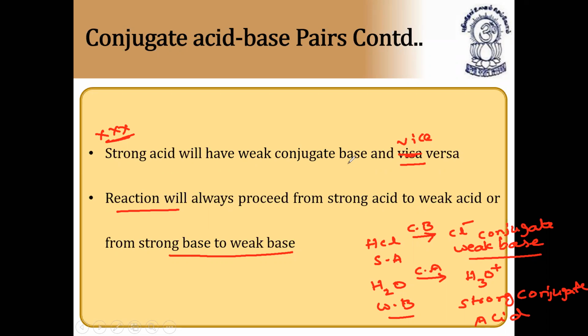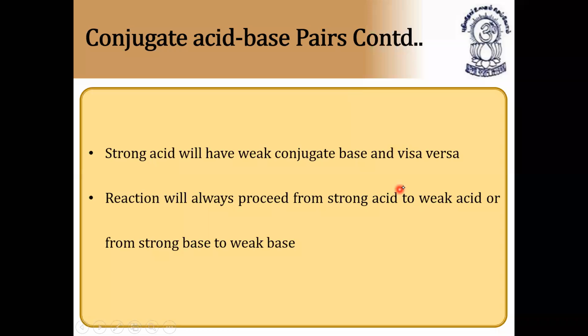A strong acid will have a weak conjugate base and vice versa. Because HCl is a strong acid, already we know, Cl minus should be the weak conjugate base. Similarly, water is a weak base and H3O plus is a strong conjugate acid. This is a very important point. Please note down: reactions will proceed from strong acid to weak acid or from strong base to weak base.